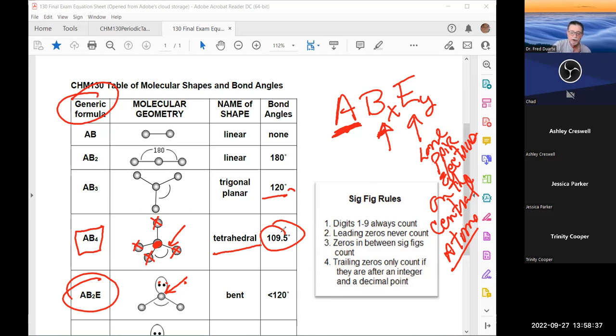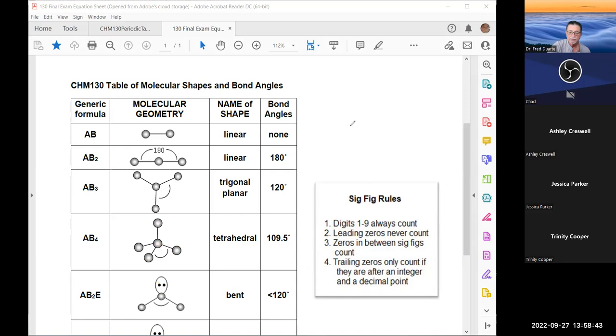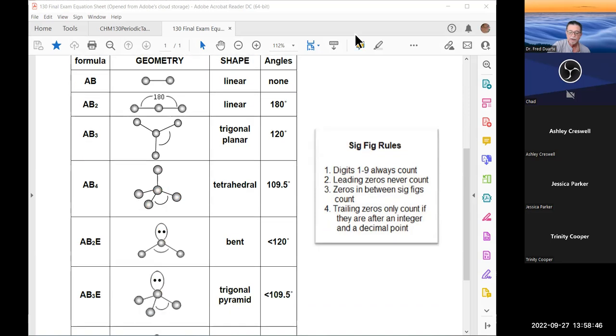Now, once we start working with lone pairs on the central atom, our bond angle tends to change. You've got 2 electrons here, okay? 2 electrons, negative charge, they're going to repel each other. The result is this bond angle gets pushed in because of the repulsion of the lone pair on the central atom. So where we would anticipate 120 degrees, like here, it's actually less than 120 degrees because of the lone pair.